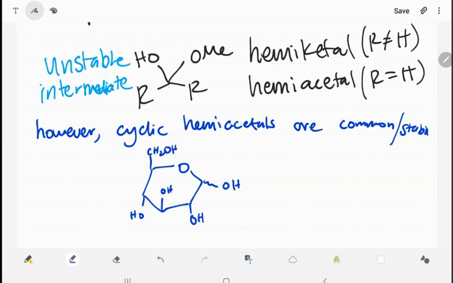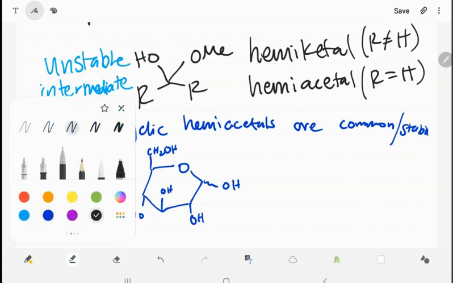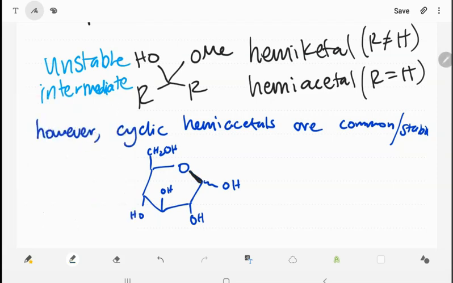This is glucose. Glucose predominantly exists about 98% in this form. Notice this is indeed a hemiacetal because we have an ether and an alcohol on the same carbon. This is your hemiacetal right here.